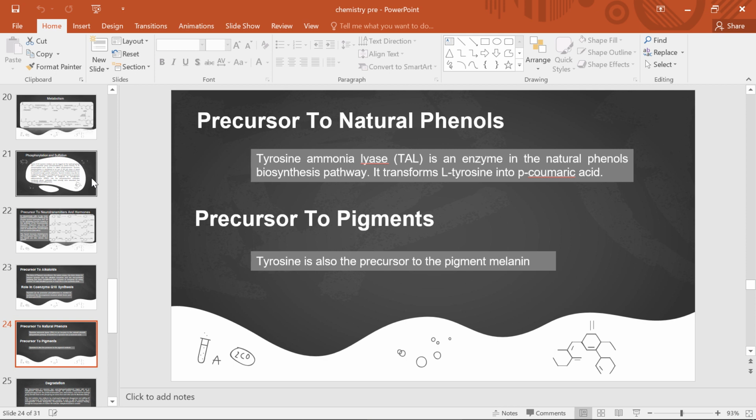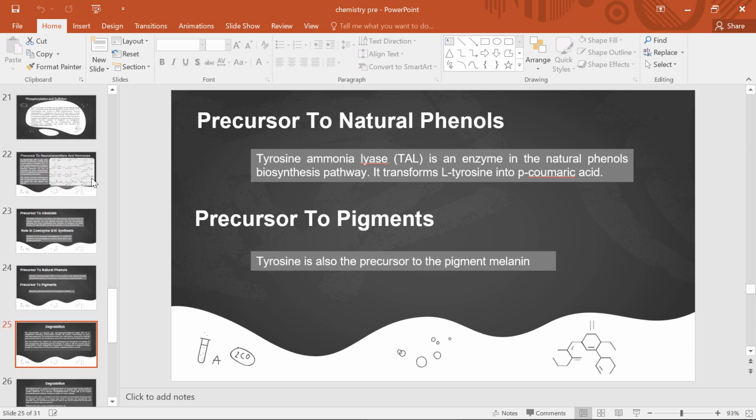As I told you before, phenols are the rings which have a hydroxyl group attached to them. The biosynthesis pathway transforms L-tyrosine into p-coumaric acid, a precursor to pigments. Tyrosine is also the precursor to the pigment melanin. Melanin is a pigment in our body, produced with the help of the pituitary hormones, which controls our skin color.